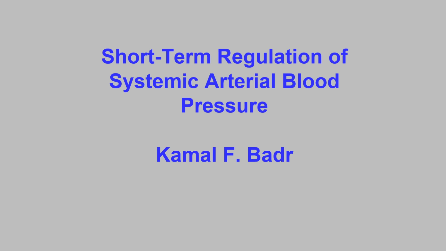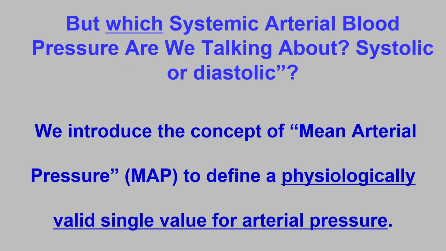But before we talk about regulation of blood pressure, let us define which systemic arterial blood pressure we are talking about, because as you know, blood pressure has two components, a systolic component and the diastolic component. And they can differ significantly, sometimes by 30 or 40 or 50 millimeters mercury.